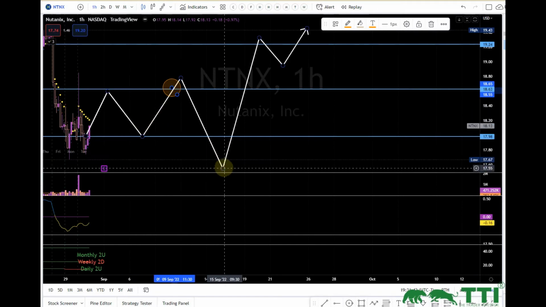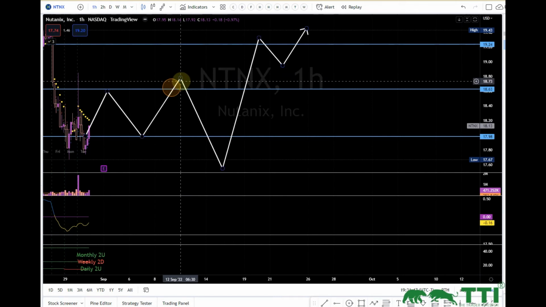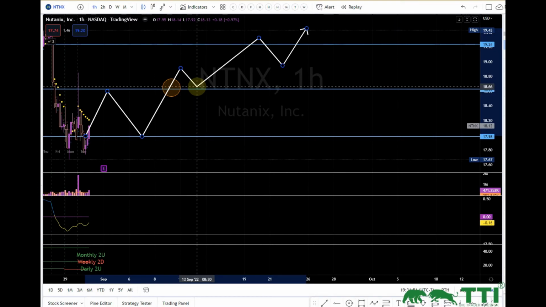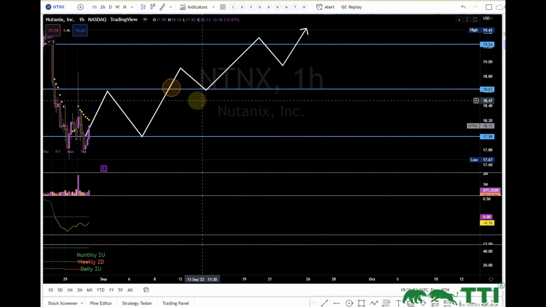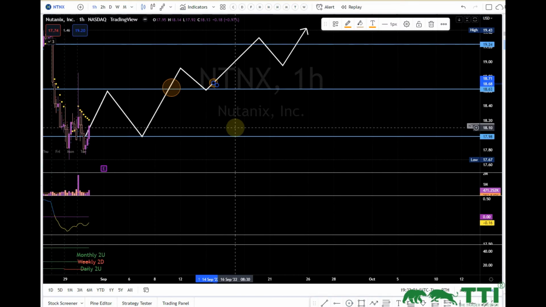So what you want to see in this instance is for price to break, which is fantastic, and then for price to use that previous resistance as support, and when it's now turning around from that support, you take that entry.